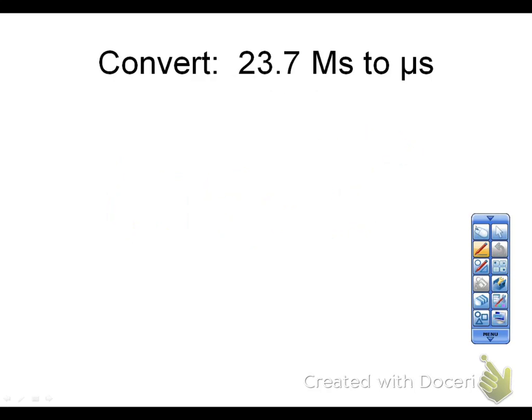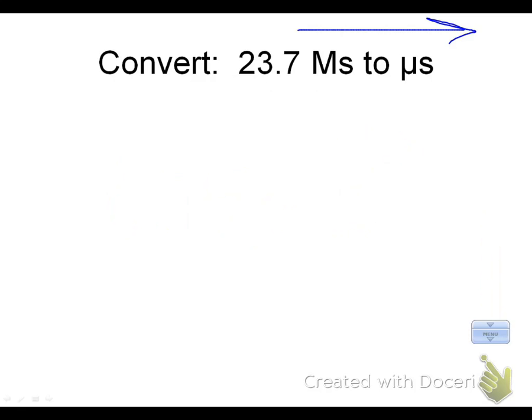A second example here. 23.7 megaseconds to microseconds. Okay, so we need to find the direction we need to move and count the number of steps. Mega to micro is going to the right. So as I write it down, 23.7.